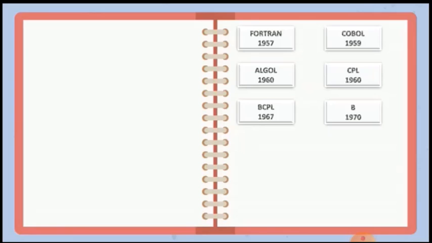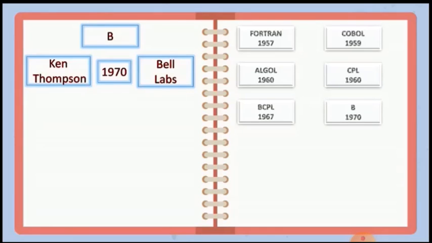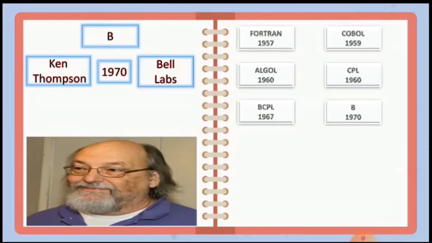So the next language, that is B, was created by Ken Thompson in 1970 at Bell Labs. The first character from the previous language BCPL is taken to give the name B language.